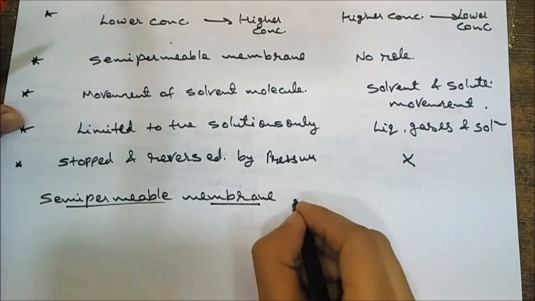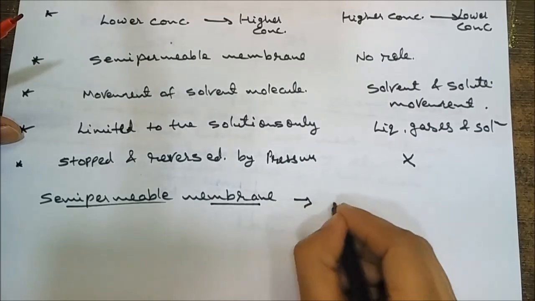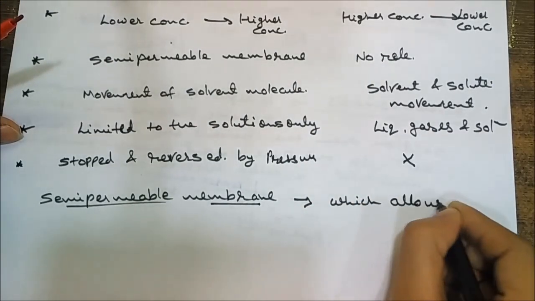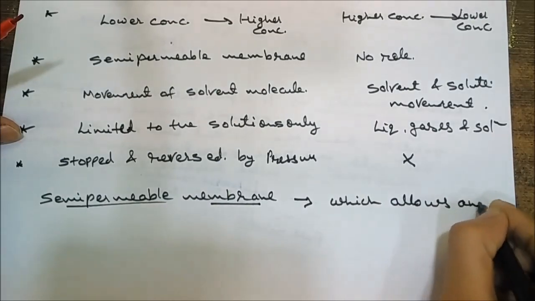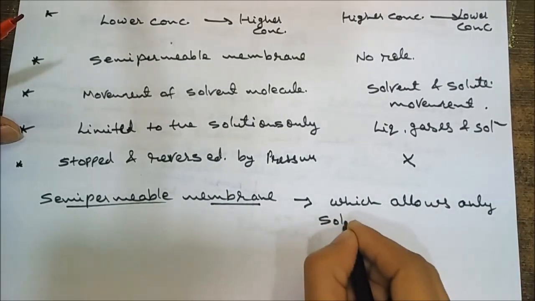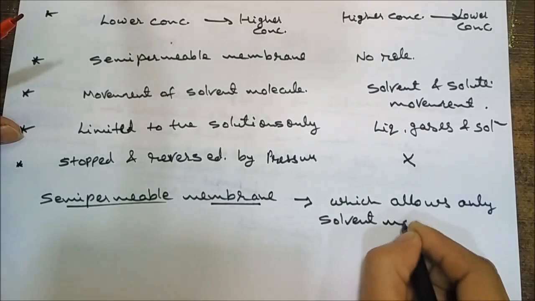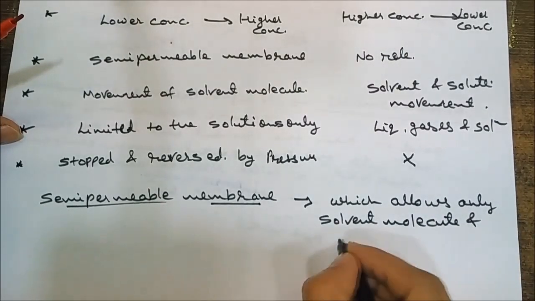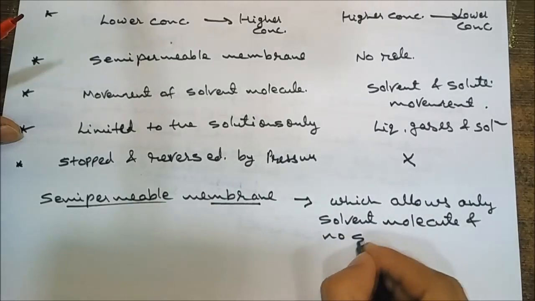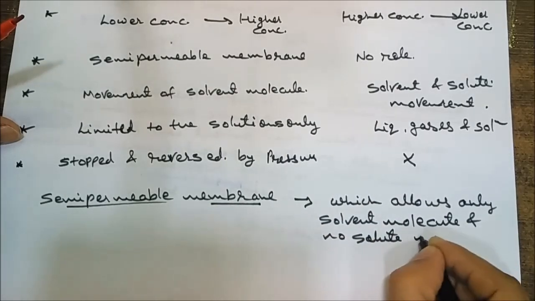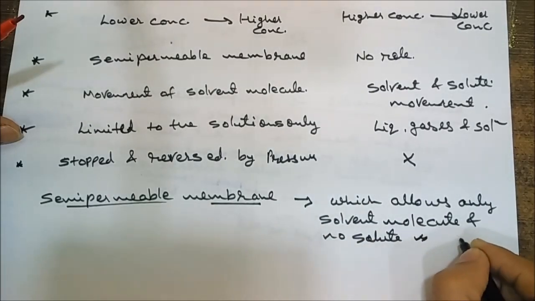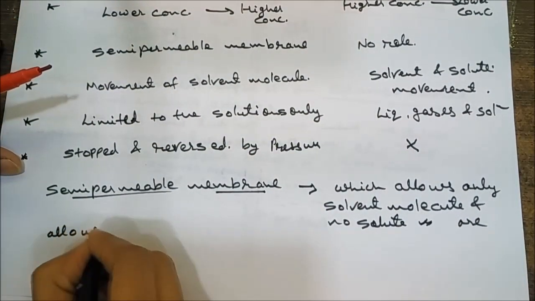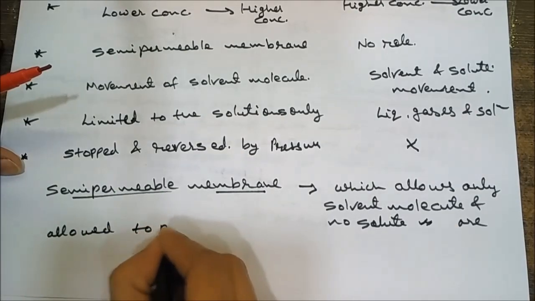A semi-permeable membrane is one which allows only solvent molecules, and no solute molecules are allowed to pass through.